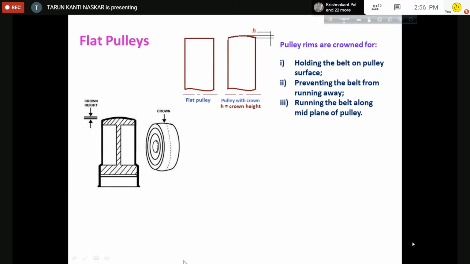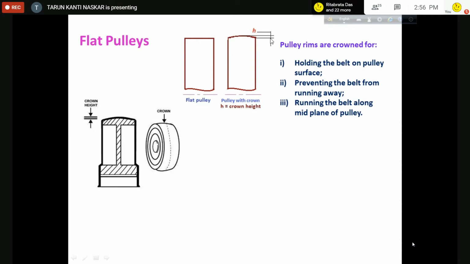If both sides are flat, the belt may fly away, run away. That means it may go away from the pulley surface. And if that happens, obviously there will be accident. There may be damage of life also, because it is high speed.